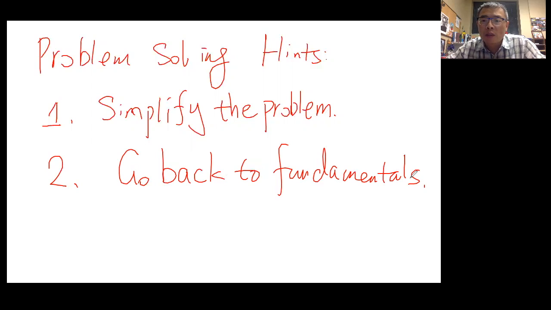Go back to the definition of unit, the basics like what we talked about, the unit conversion, how to convert a unit, and how to use this word "per" to develop a new unit given the 2 units you had before. Whenever you get confused about a complicated problem and you don't know what to do or where to go, go back to the fundamentals. Go back to the simple cases.